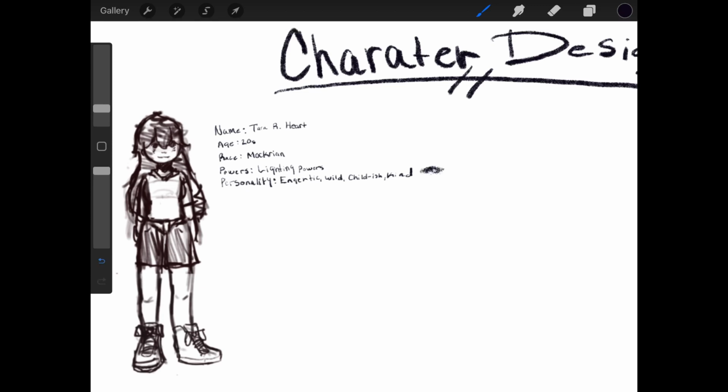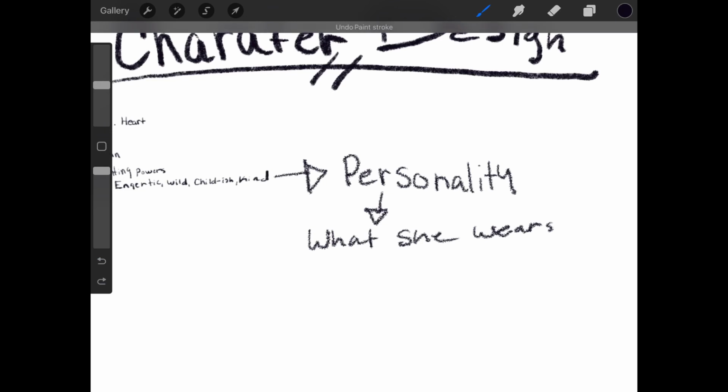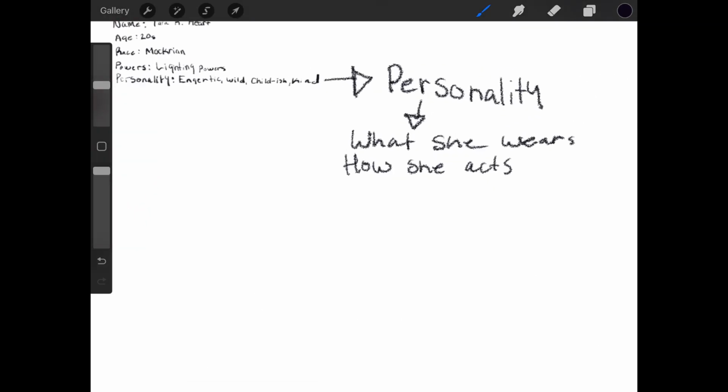This is gonna be her personality, and this will have to do with what she wears, how she acts, and for fighting style, fighting slash conflict.